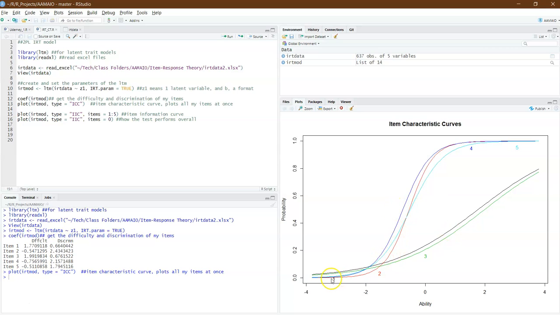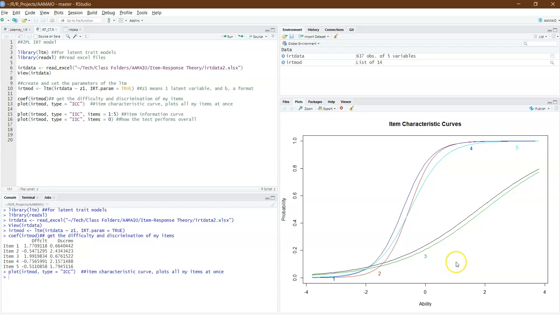And on the other hand, my 3 easy items, see here at 50%, they're measuring below the mean in ability, but they have steeper curves, so they are discriminating well, but they're not measuring at the distance that I would have liked them to.